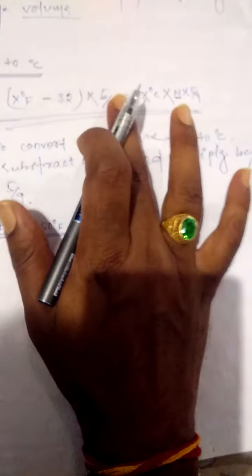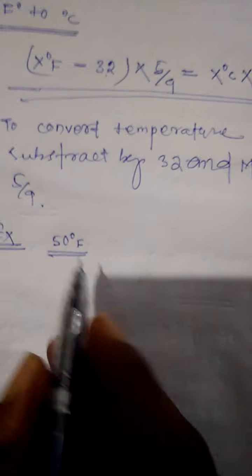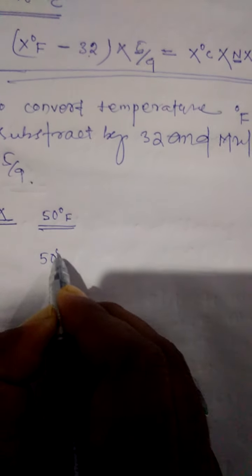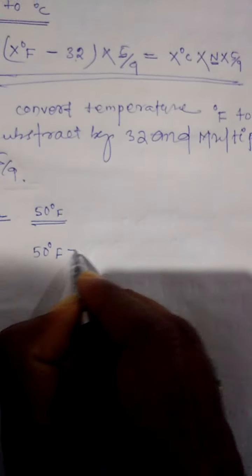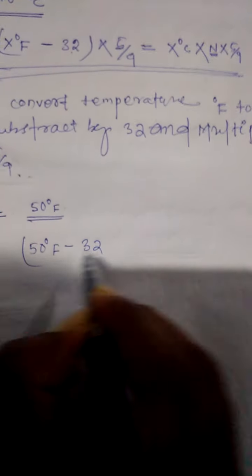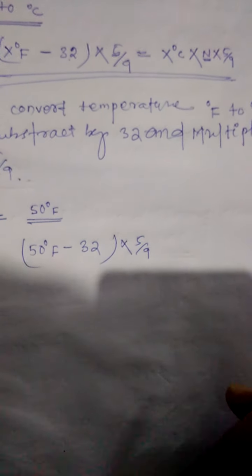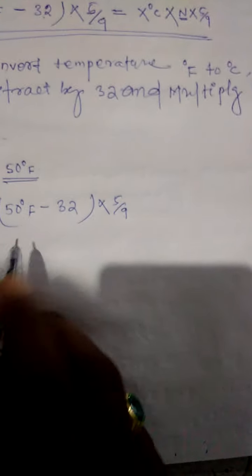According to this formula, 50 degree Fahrenheit is subtracted by 32 and multiplied by 5 by 9.